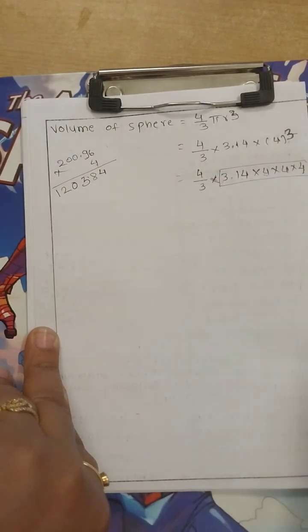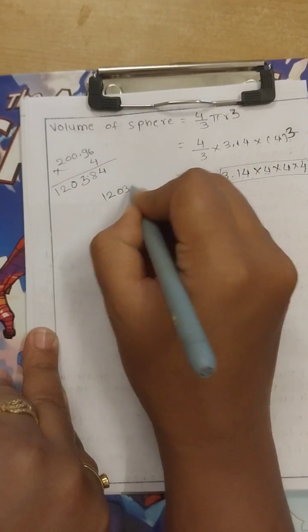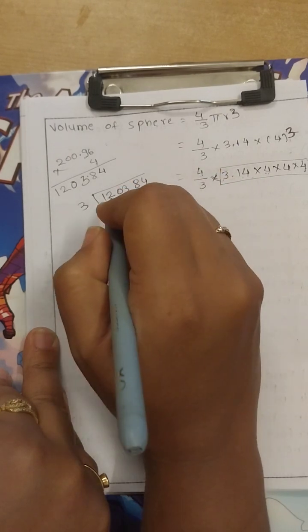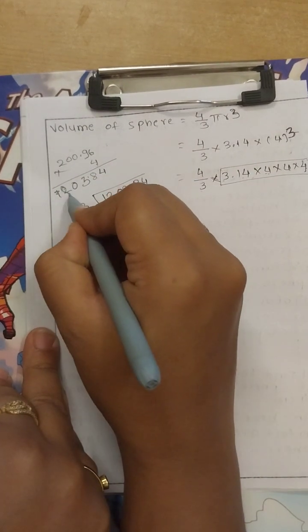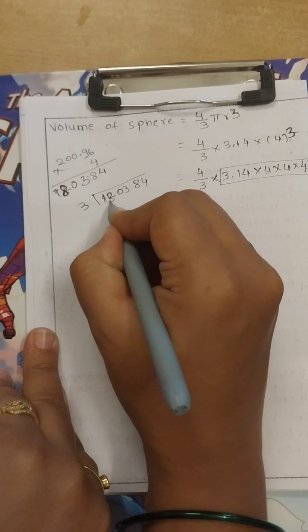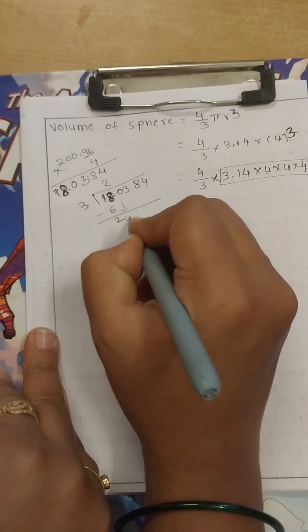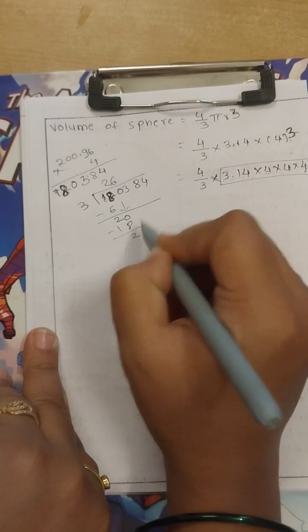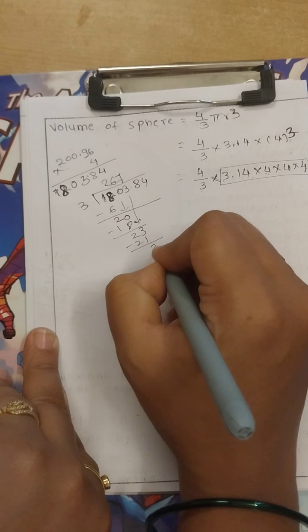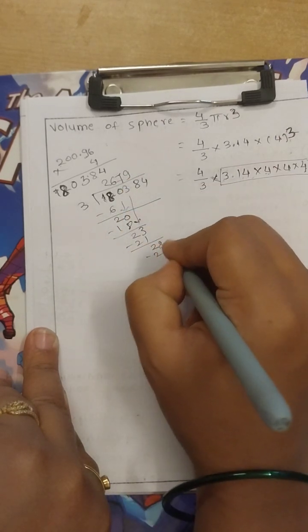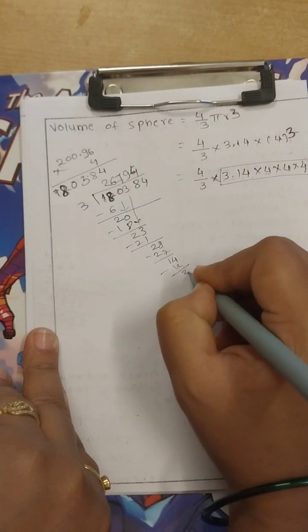Now you have to divide this by 3. 4 2s are 8, 3 6s are 18, and so on.